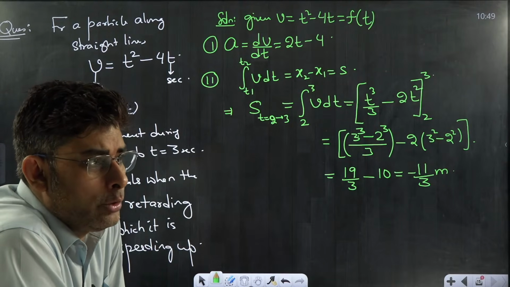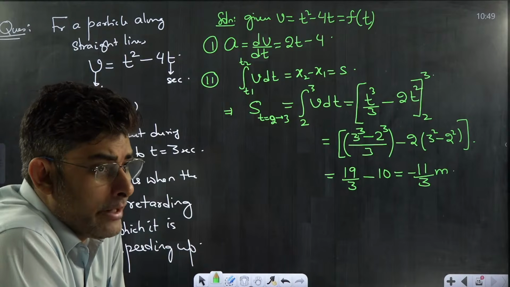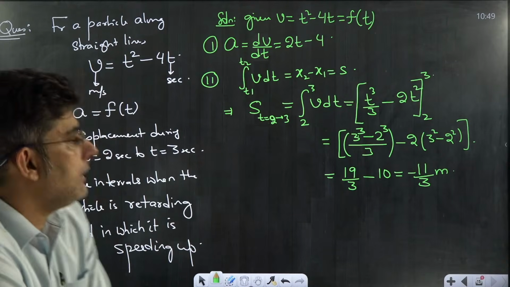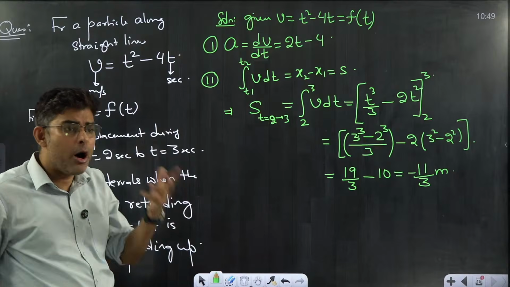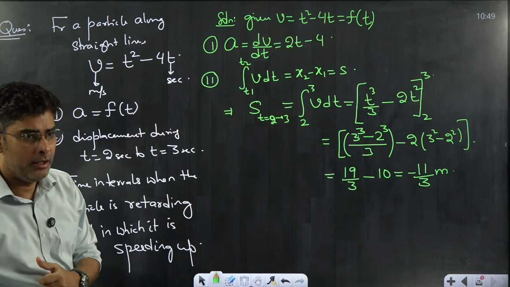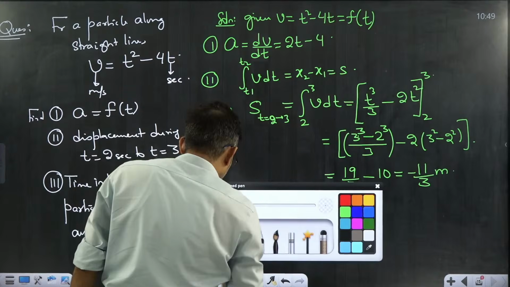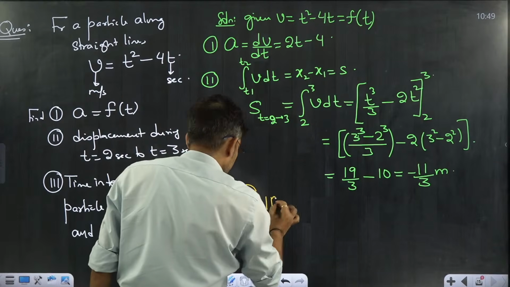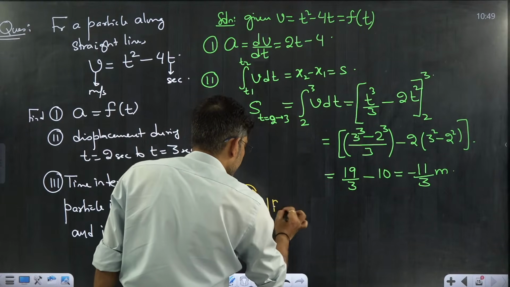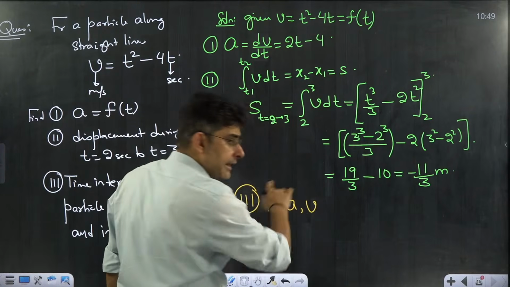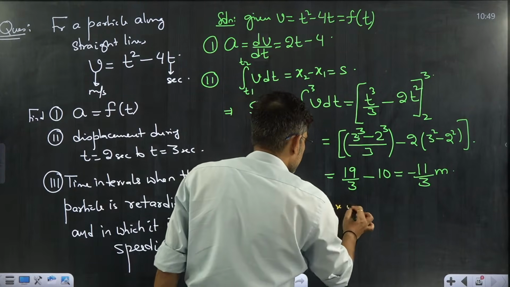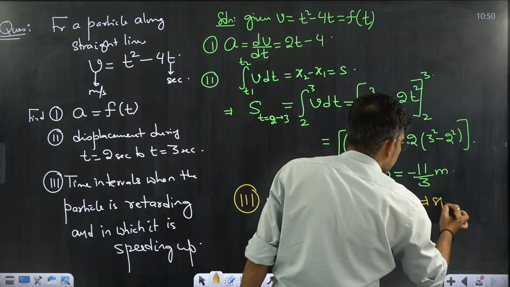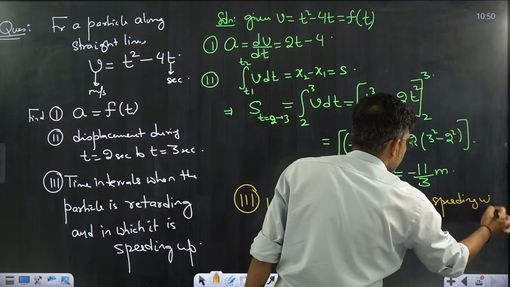Because we are finally going to see the most important part, a very beautiful application of calculus, when they ask you that for a general motion, how can we know whether the particle is speeding up or retarding? So coming to the third part, just making you recollect once again: if acceleration and velocity are in the same direction, same sign, then only you say speeding up.